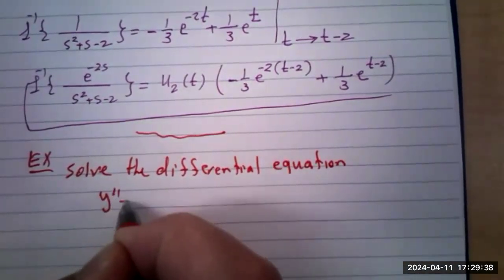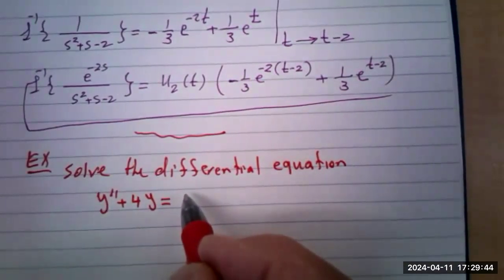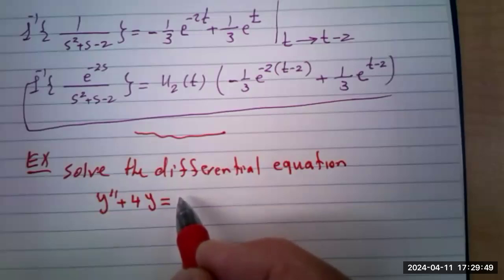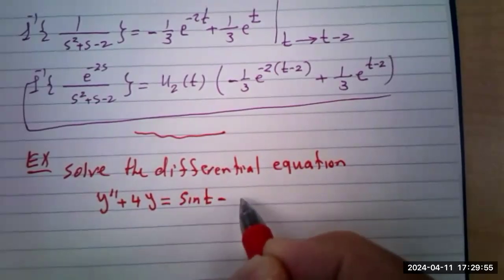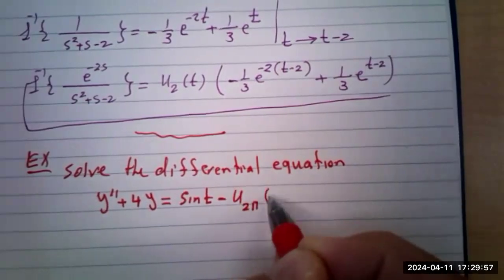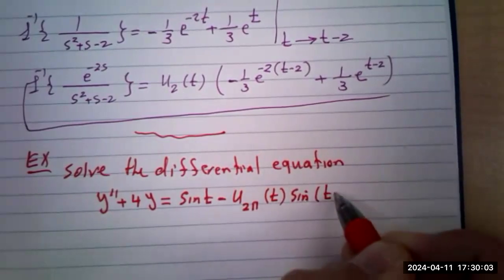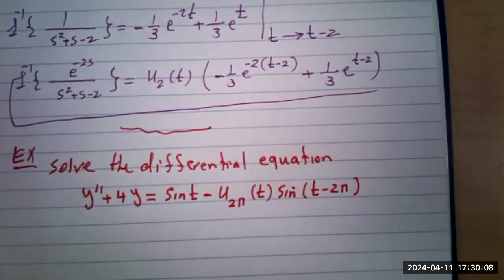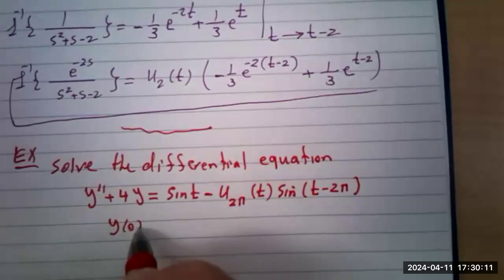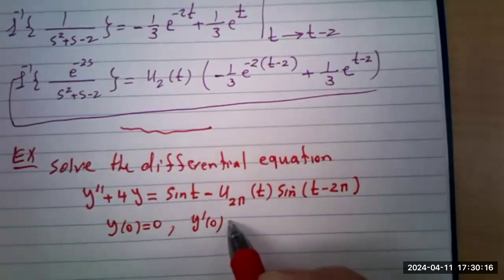You have y double prime plus 4y is equal to sine t minus u 2 pi t sine of t minus 2 pi. This is the differential equation. Of course, we have initial conditions: y of 0 is equal to 0, and y prime of 0 is also equal to 0. That's it.